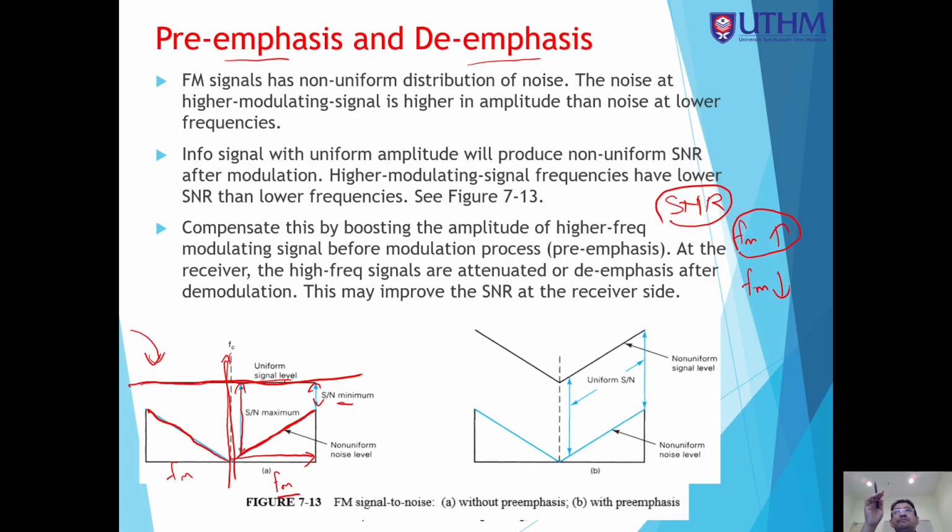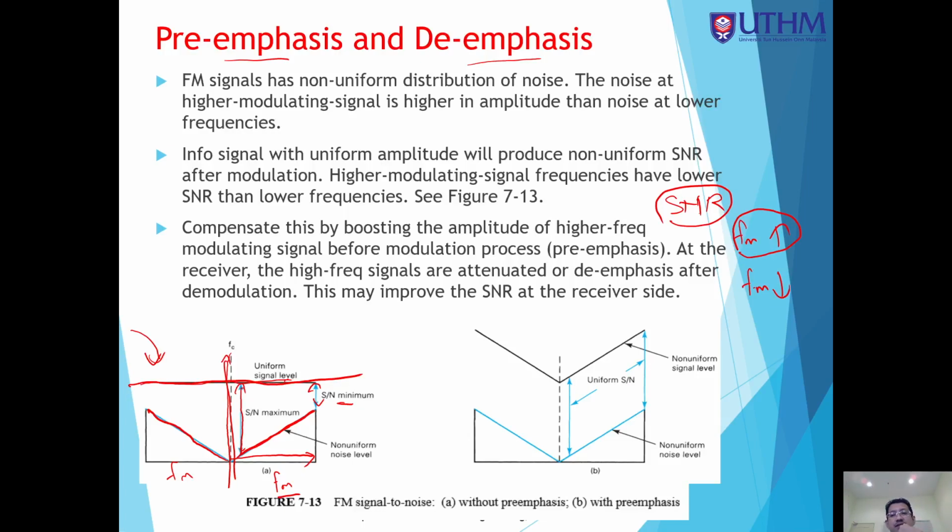So there's a non-uniform SNR for the different values of modulating frequency. So we need to improve this so that we can achieve better SNR at higher value of modulating frequency. Okay, so how to do that?